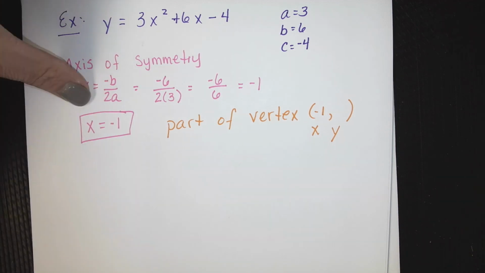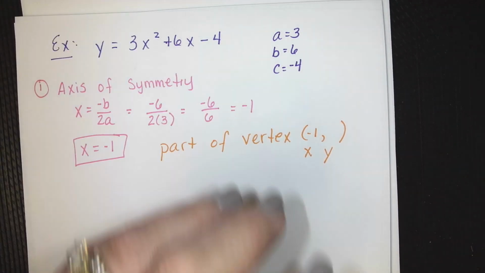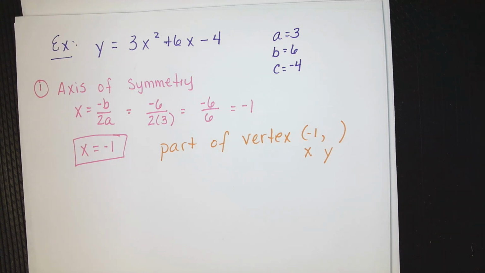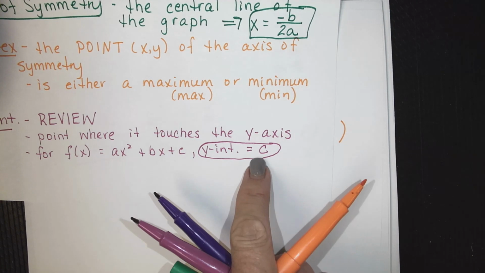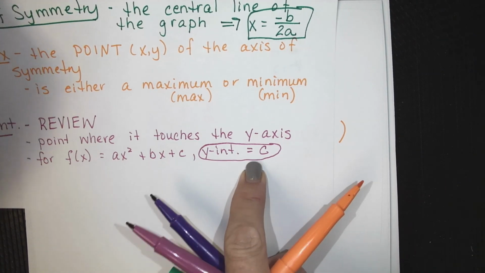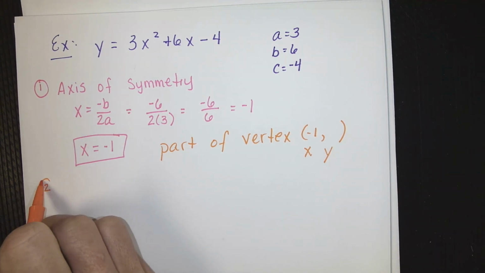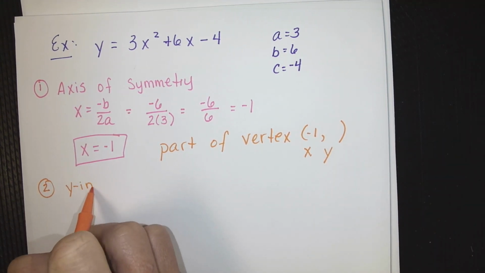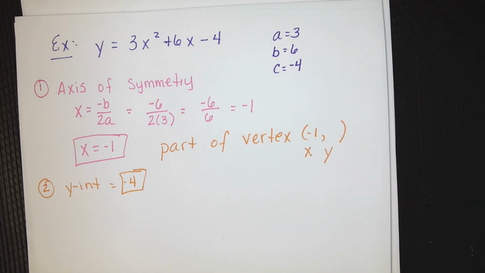What's your y-intercept? Look at the graph. Remember the definition of y-intercept. Y-intercept in the equation is what letter? C. So the y-intercept is -4. So that's another question. Y-intercept equals -4. No work needed.